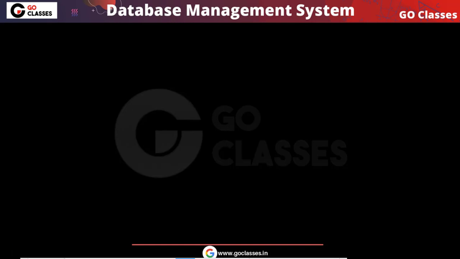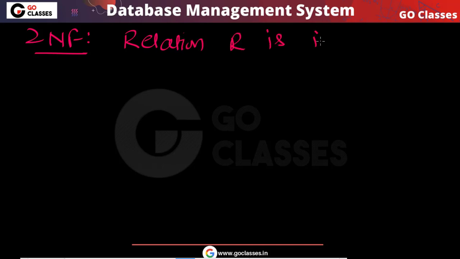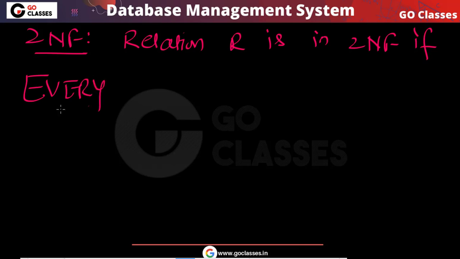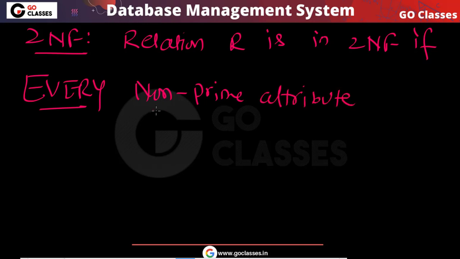Let's try to understand this definition. Remember the 2NF definition: relation R is in second normal form if every non-prime attribute is fully dependent on every candidate key. So we are talking about non-prime attributes and candidate keys.